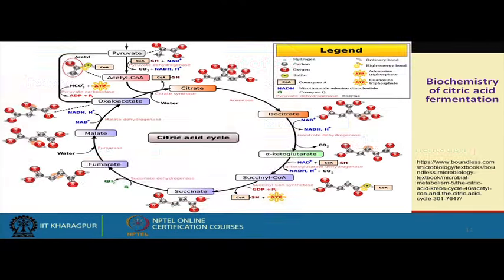If this enzyme is inhibited, then and only then will citric acid accumulation take place in the system. So if we take iron out from this media, then the activity of aconitase will be affected. So this is very important.